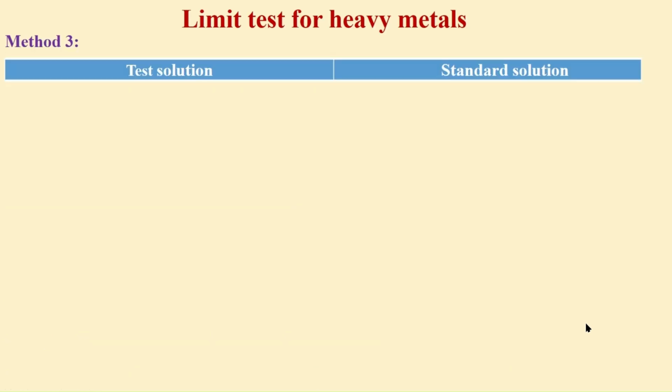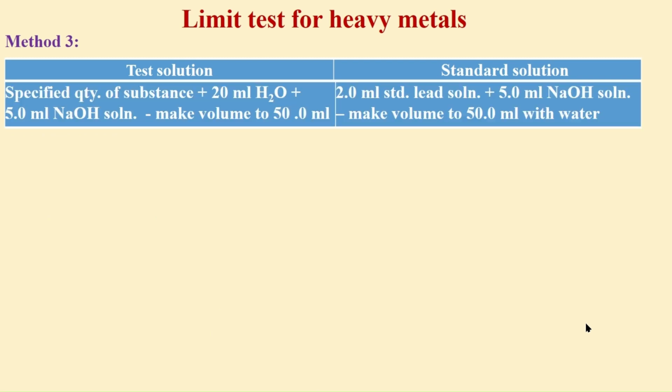In method 3, these are the substances which give clear colorless solutions under basic conditions. Method 3 can be used for this.